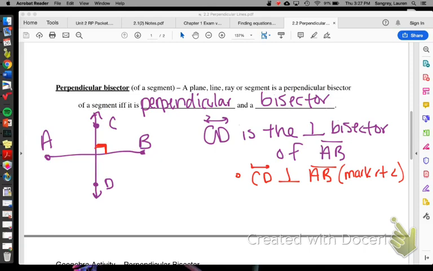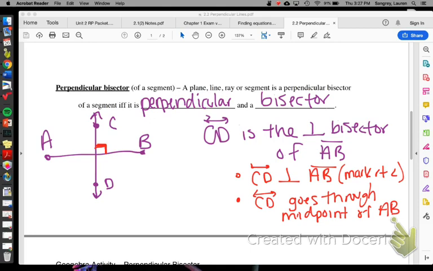Then the bisector part. So think about the segment. A segment bisector goes through the midpoint. So line CD goes through the midpoint of AB.